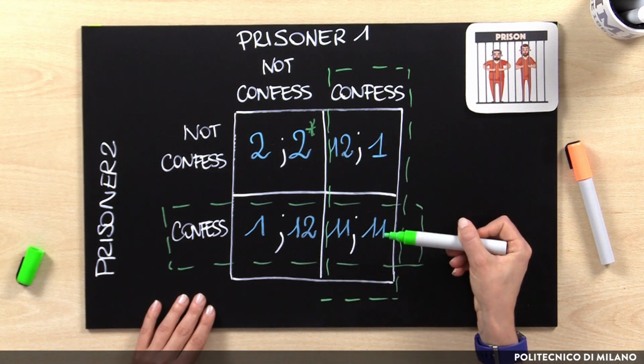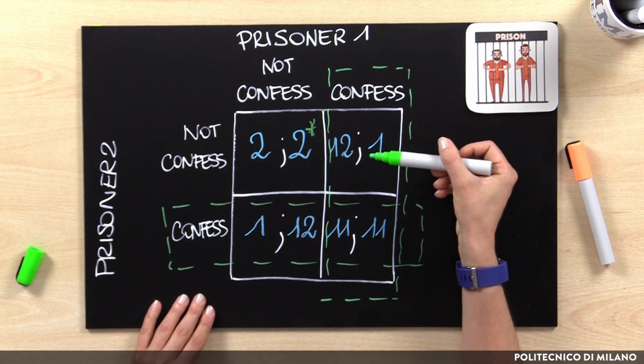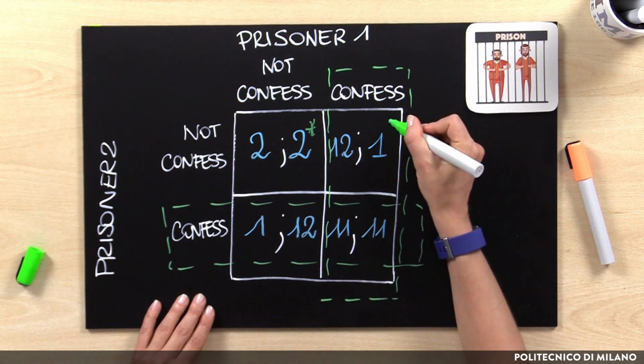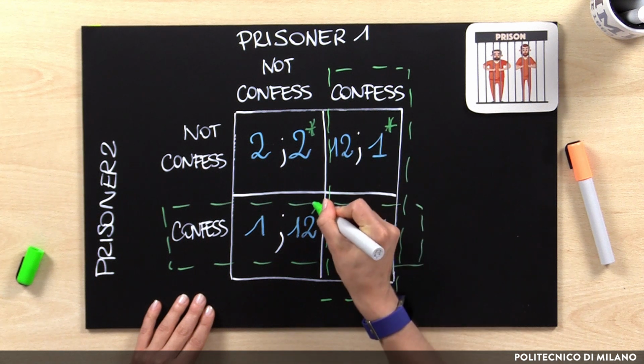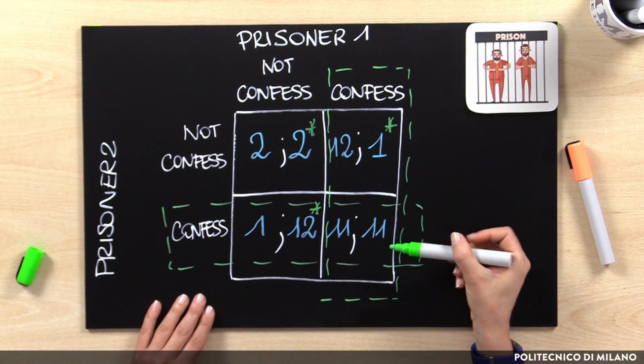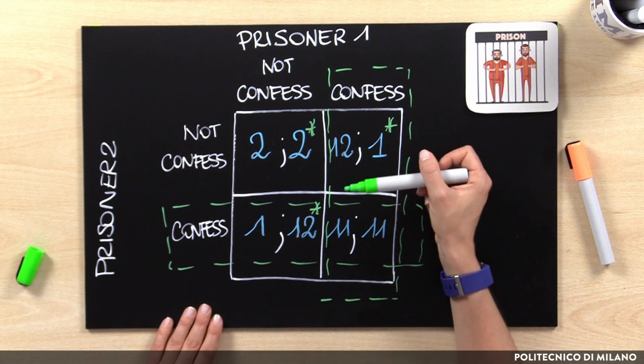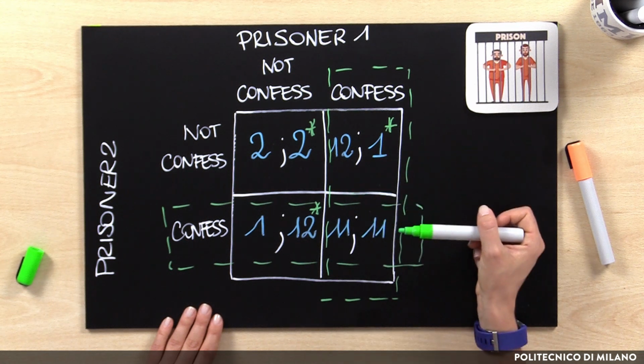Moving to 11-11, the situation is worse for both the players. 12-1 and 1-12 are 2 efficient solutions because moving to any other outcome is improving the situation for one player, deteriorating it for the other. On the other hand, 11-11 is not efficient because moving to the 2-2 situation would largely improve things for both the players.